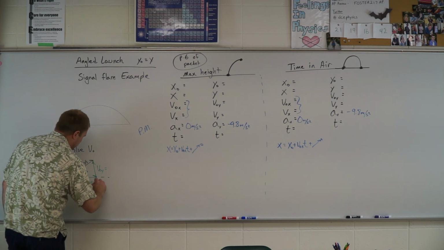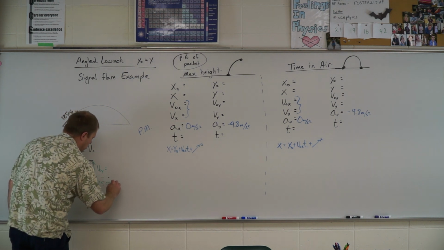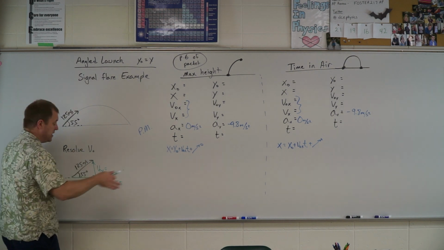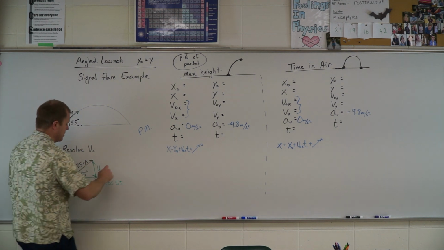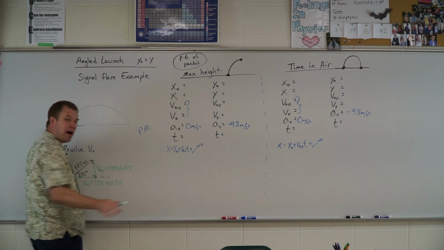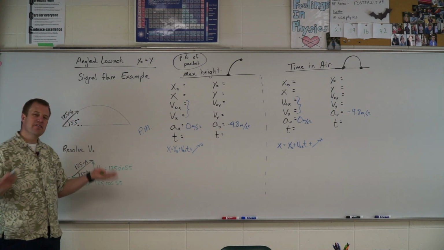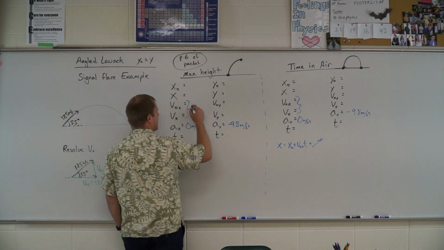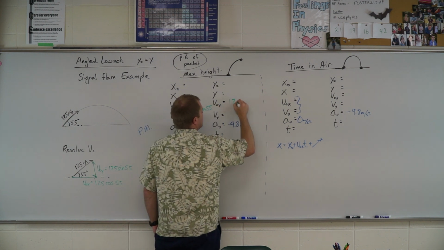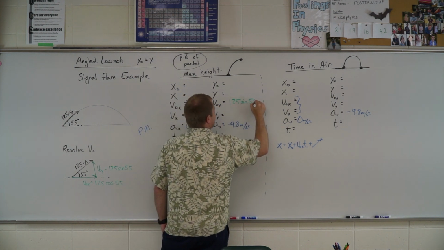I'm going to use cosine, so this one is going to be 125 cosine of 55. The y one is opposite, so that's going to be using sine. So this one comes out to be 125 sine of 55. Don't bother typing these into your calculator. Leave them like that. We'll put them in just like that over here. So 125 cosine of 55 and 125 sine of 55.